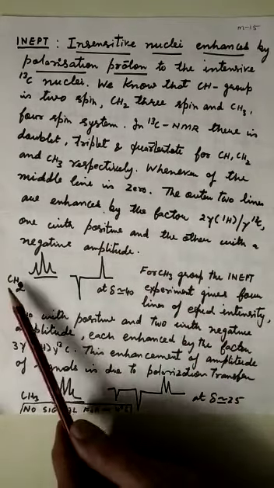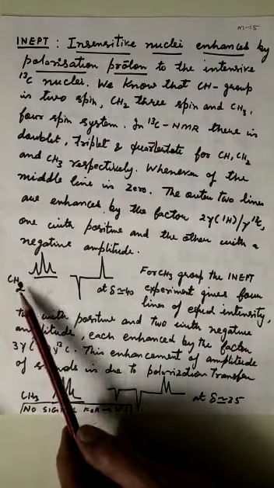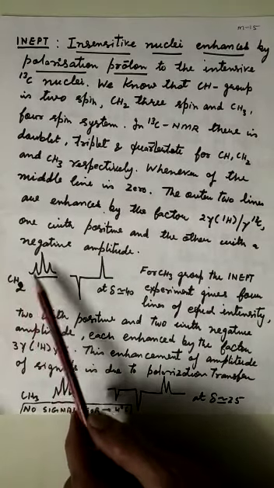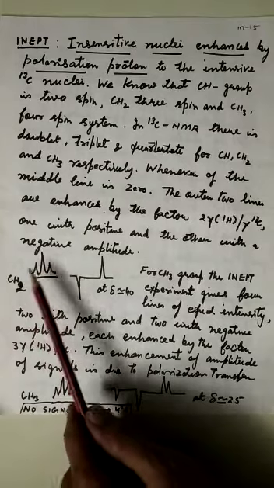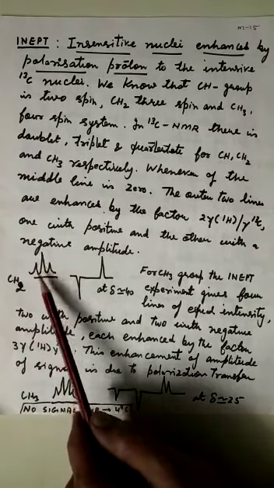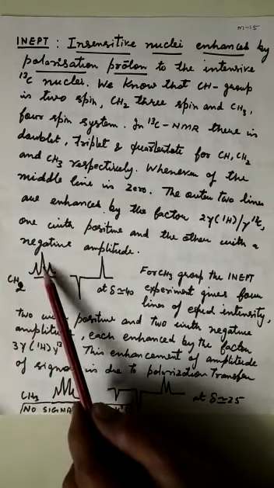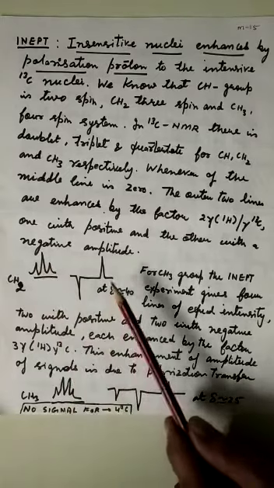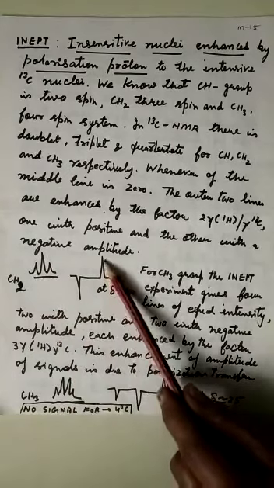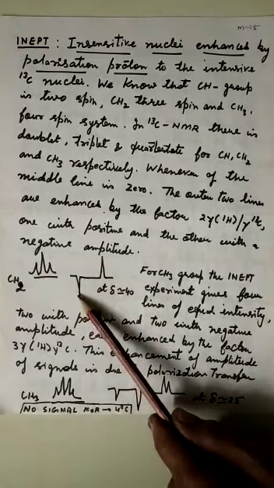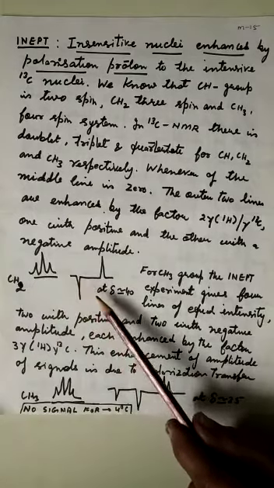As we have a CH2 group here, 2 protons are there, so we will have the triplet, 1 2 1 triplet. If this middle peak is 0, then you will have 2 signals, one with positive amplitude and the other with negative amplitude.